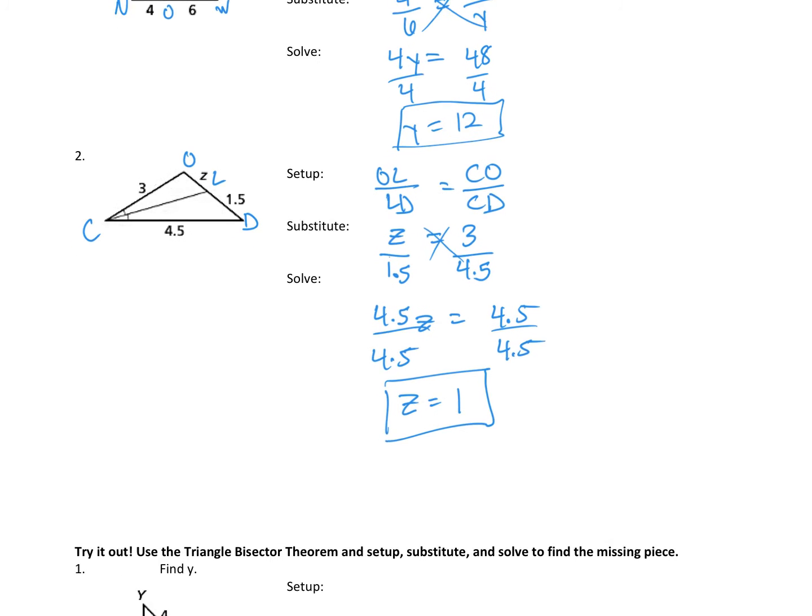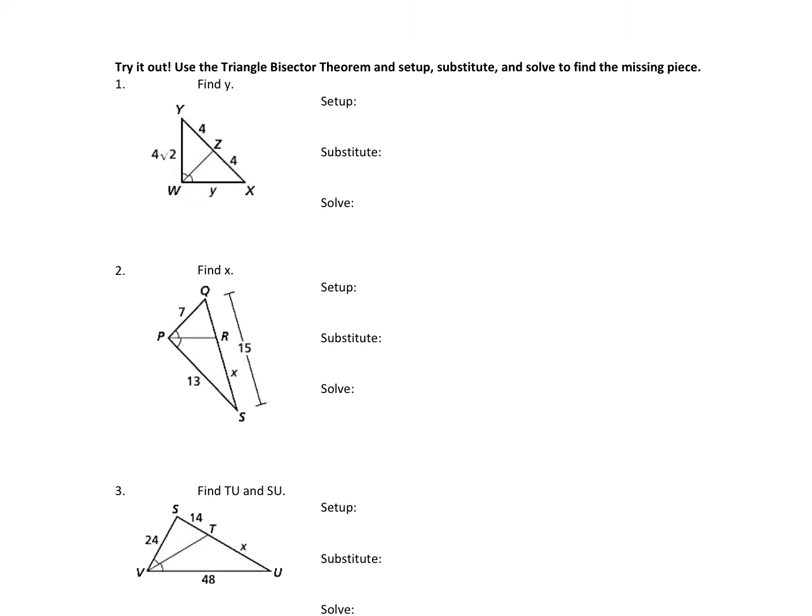All right, let's try out some other ones. Keeping on with our theorem, we'll set this up just as always. These are labeled, so we don't have to label these. So our setup, YZ over ZX is equal to WY over WX. Plug in the numbers. 4 over 4 must equal 4 root 2 over y.